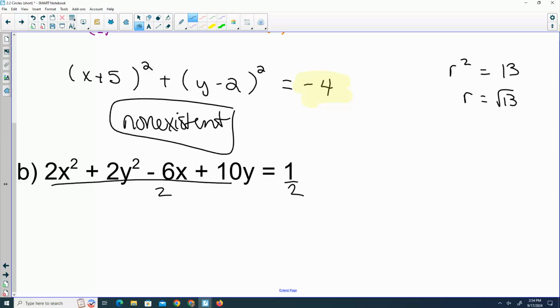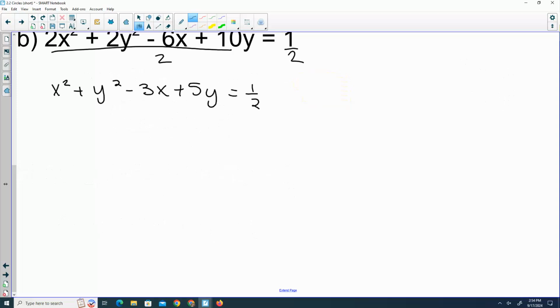So I'm going to first divide everything by 2. Okay. So then I will put my x's together. Put my y's together. And I already have the 1/2 on the other side by itself.